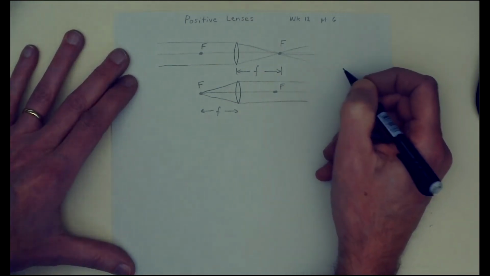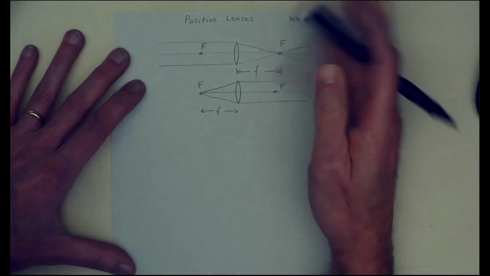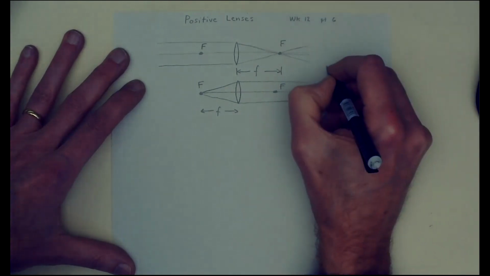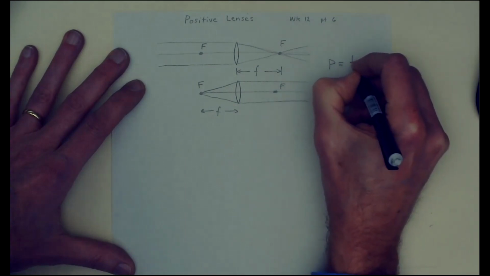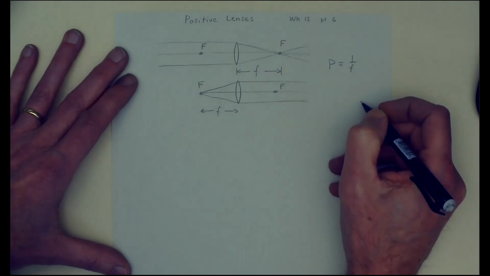We can also speak of the power of the lens. It's just a different way of characterizing the very same property. And the power of a lens is just 1 over the focal length.